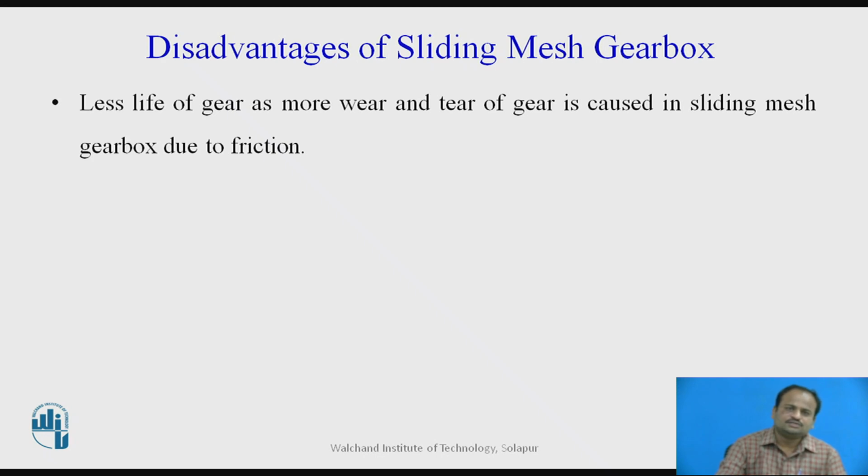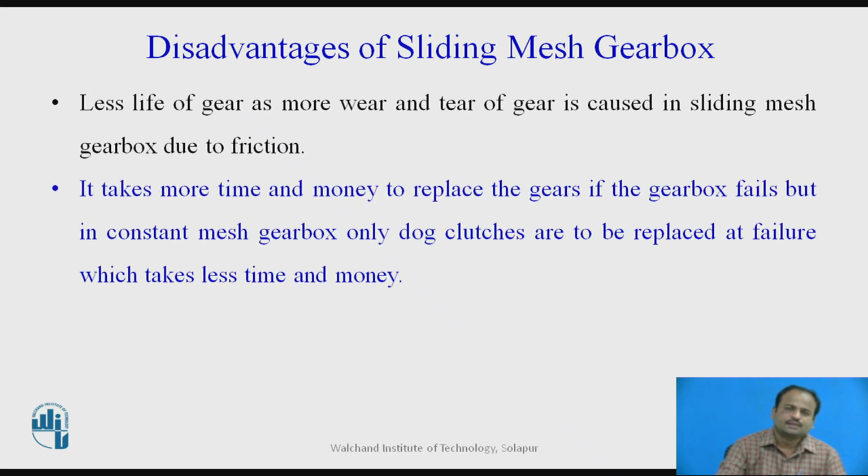Less life of gears, as more wear and tear of the gear is caused in sliding mesh gearbox due to friction. It takes more time and money to replace the gears if the gearbox fails, but in constant mesh gearbox only dog clutches are to be replaced at failure, which takes less time and money.